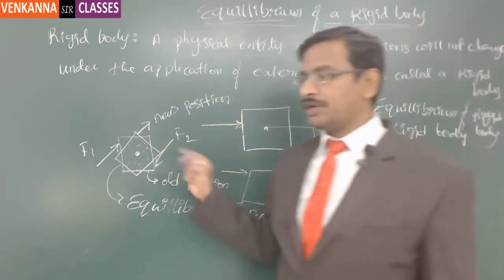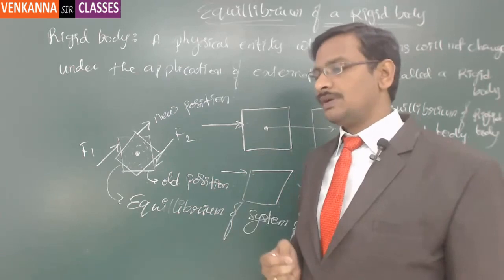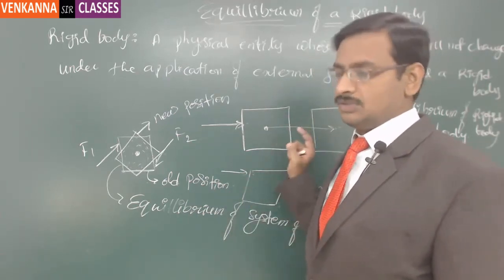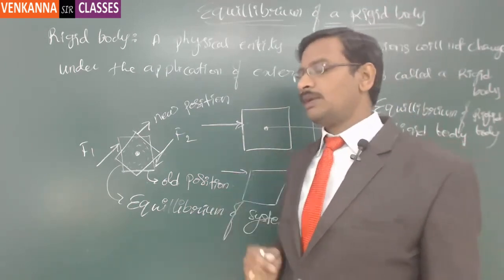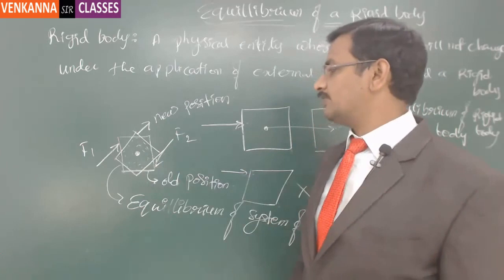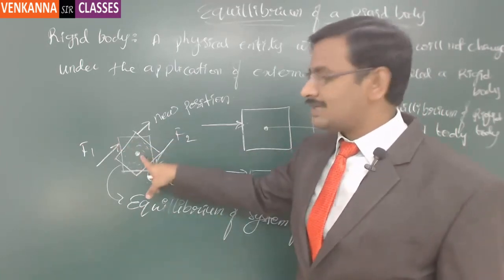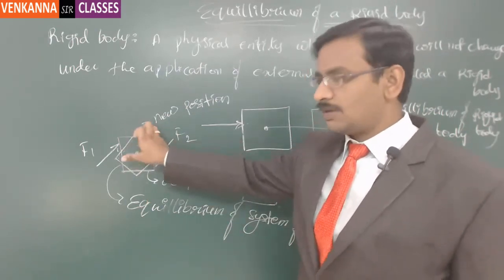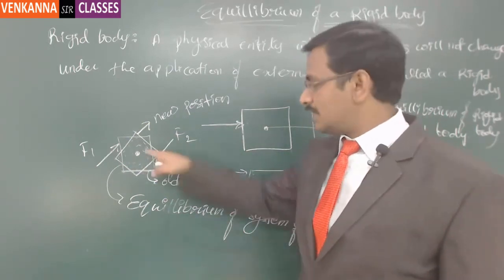Even here we treat it as a rigid body, but for equilibrium we will be considering two different cases. One is equilibrium of rigid body, and the other is equilibrium of system of particles. In this particular case, if you notice, under the application of two different forces, the body's center of gravity is not changed at all, but the body is rotated in this particular way. Hence every particle has a movement, but overall there is no change in the center of gravity.